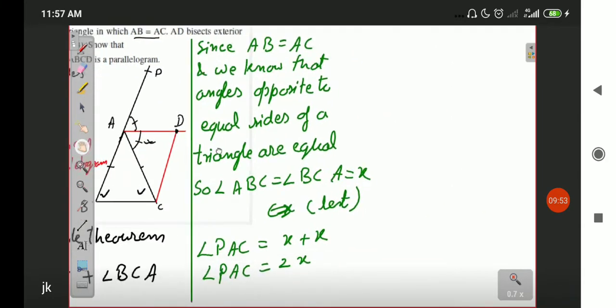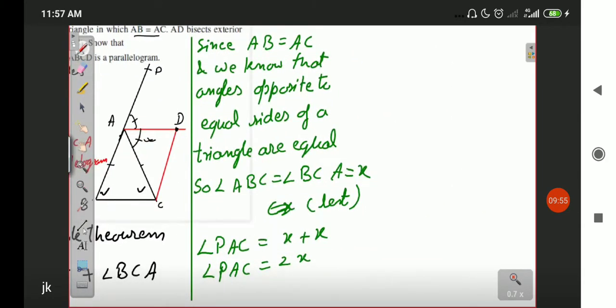Taking this a bit further, if you observe the diagram carefully, you will see that there is a bisector of angle PAC. We have AD as a bisector of angle PAC.